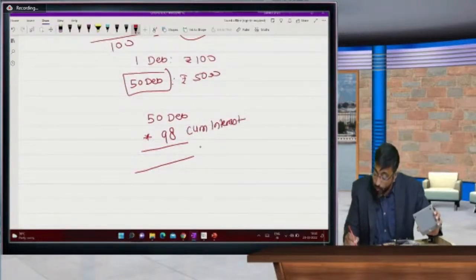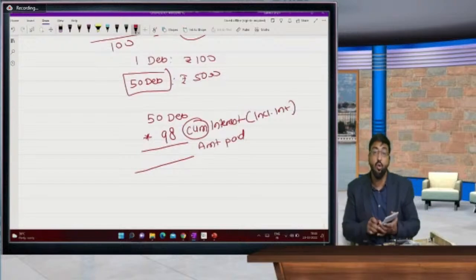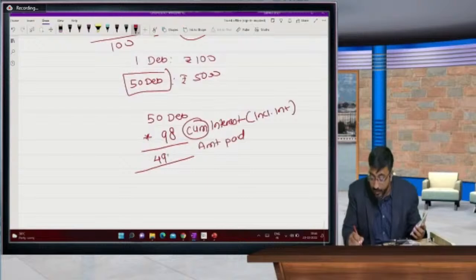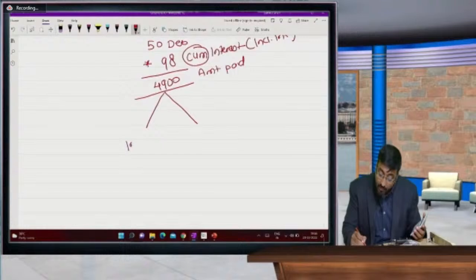Cum means including interest. So the amount paid is 4,900. But wait, what is the interest amount in this?